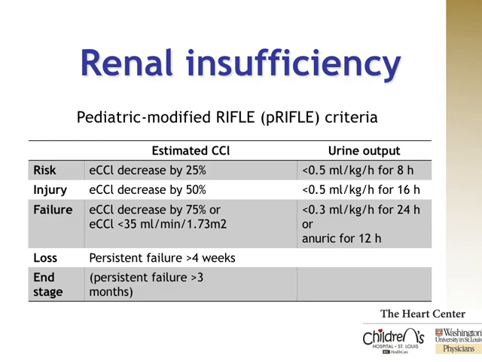And when renal function is down, we have edema. Edema makes all the organs of the body work less well, and that can be a problem. There are RIFLE criteria that have been modified for pediatric patients that define the degree of renal insufficiency. Commonly we see mild degrees of renal insufficiency in many complex patients after cardiac surgery.